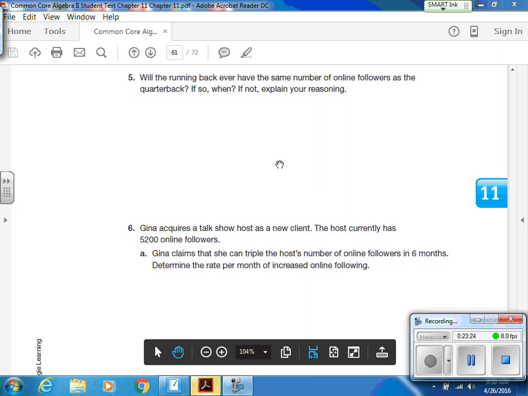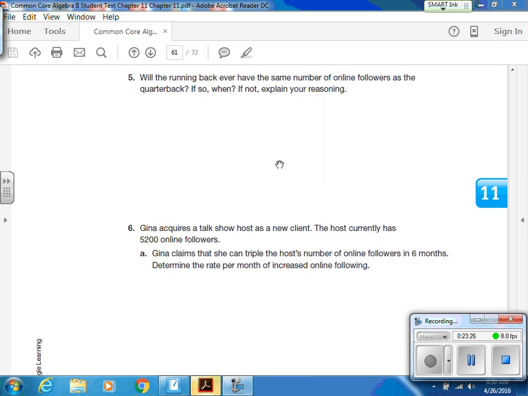How fast is the quarterback growing? 9%. How fast is the running back growing? 14%. So while he may have less, he's growing at a higher rate, so he's eventually going to catch up. We just need to find out when.